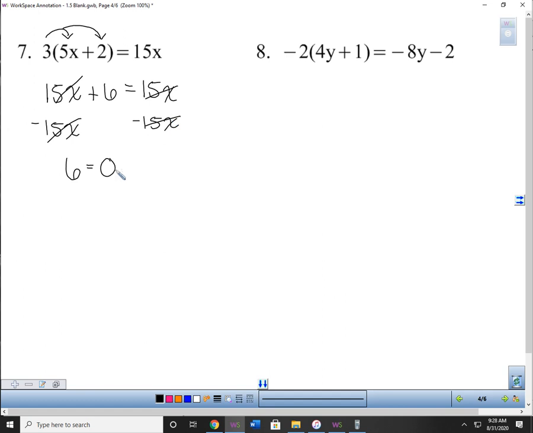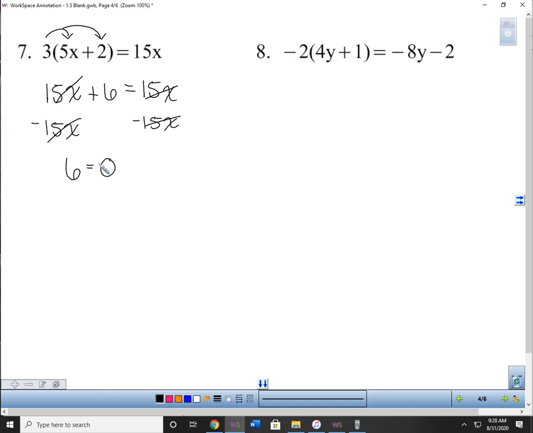Well, this is different. So what do we think it means when we don't have an x left? It means that we have some kind of special solution, right? So if our x cancels out completely, we have a couple of options. One option is that there is no solution, and the other option is that there are infinitely many solutions.